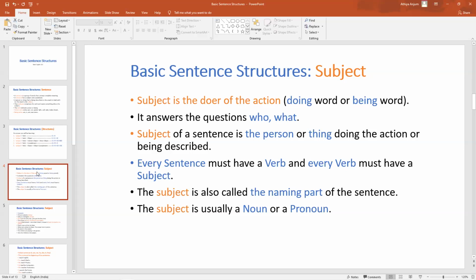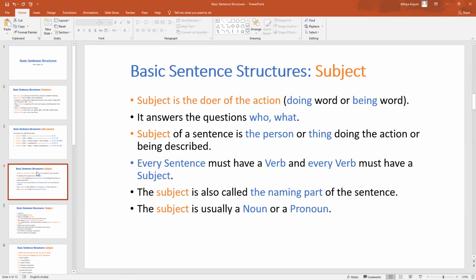The subject, because sometimes you might have a noun, a proper noun, that is a name. So that is why it is called as the naming part of the sentence, because you're using a name there. So it can be a noun, like using your name Rama, Sita, whatever. Okay. So that is the naming part, dog.